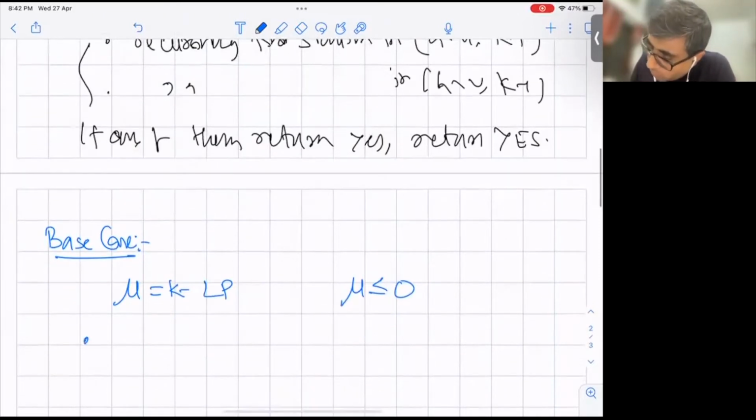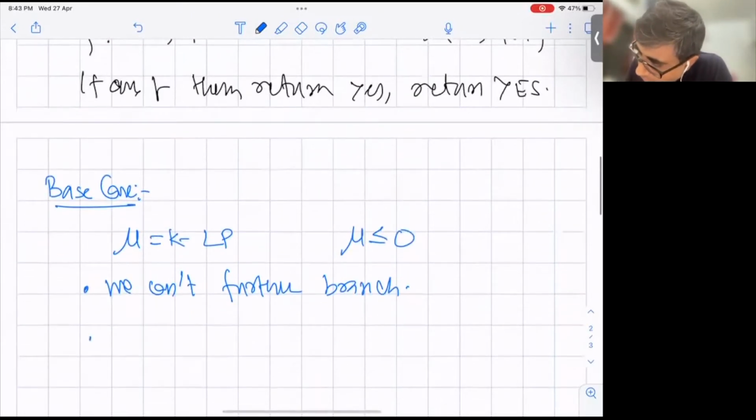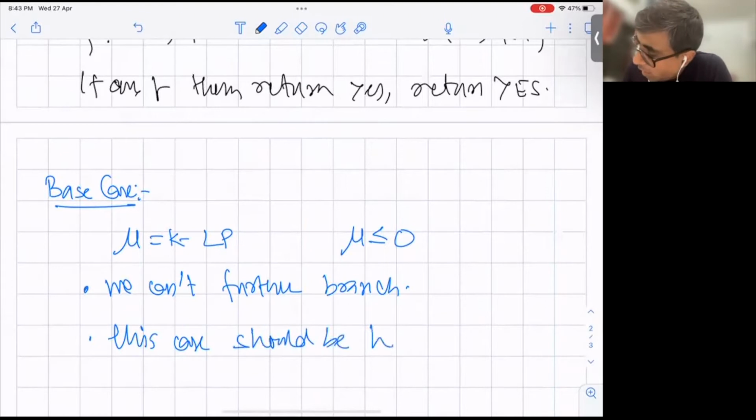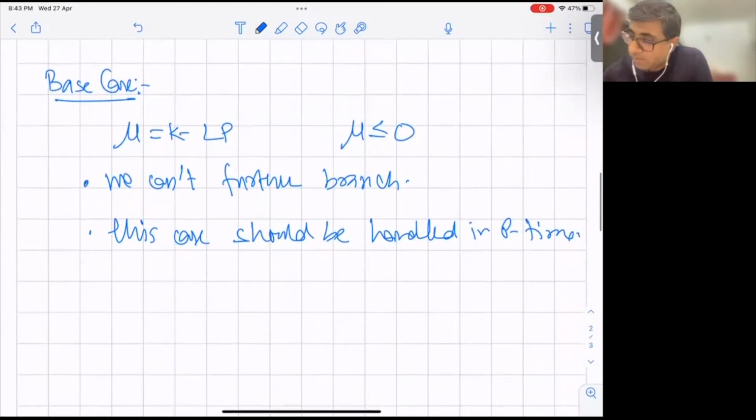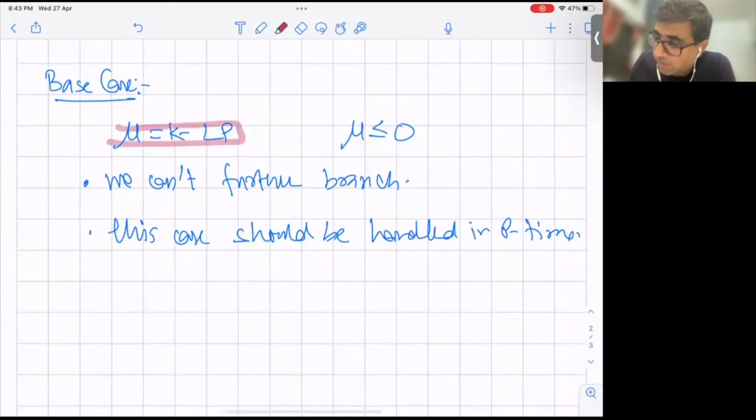We know we can't further branch, which means this case should be handled in polynomial time. This tells us a very interesting thing.